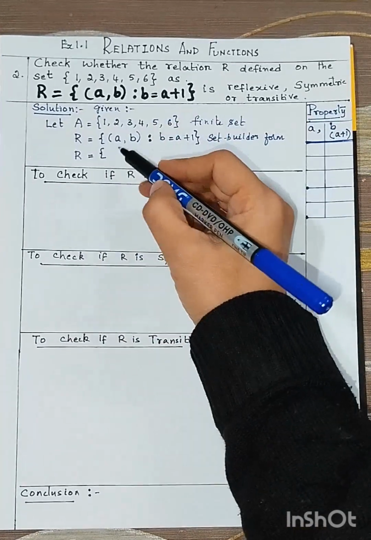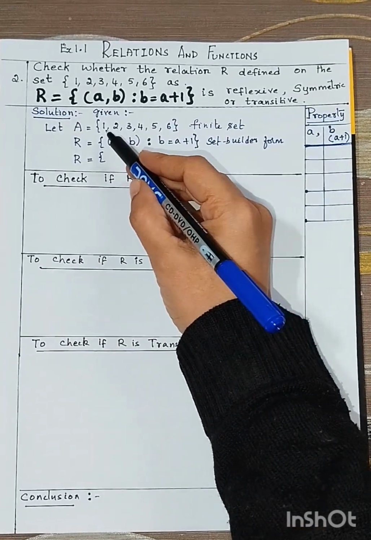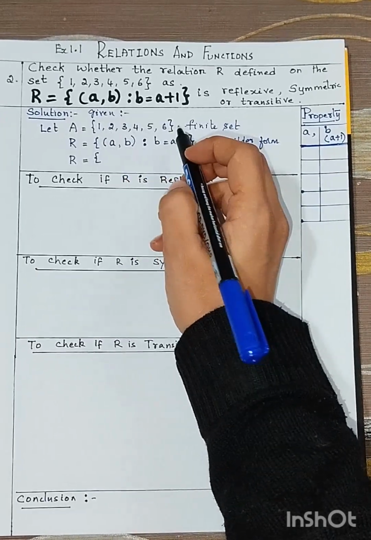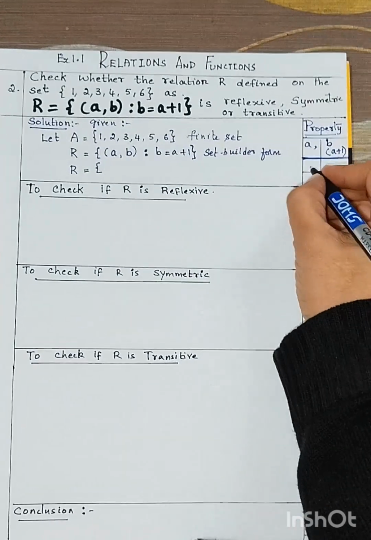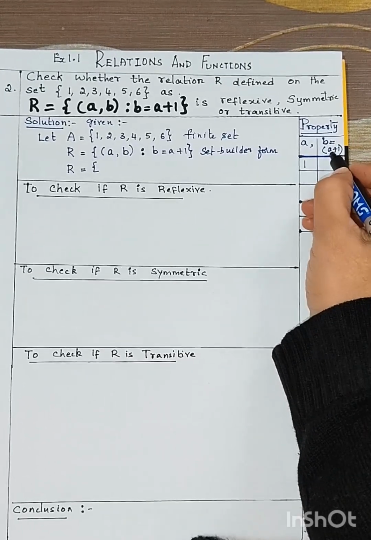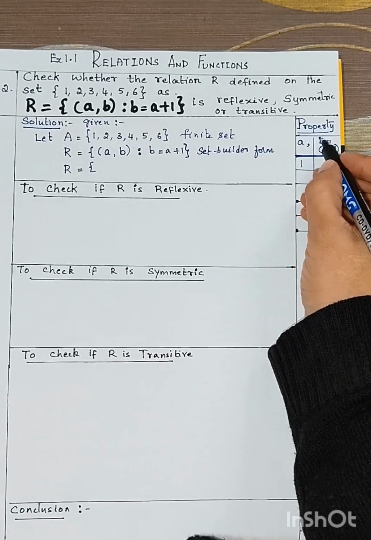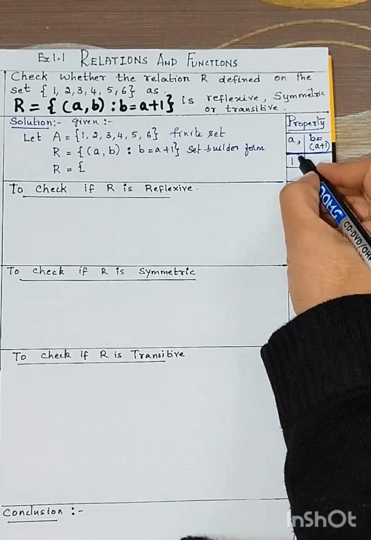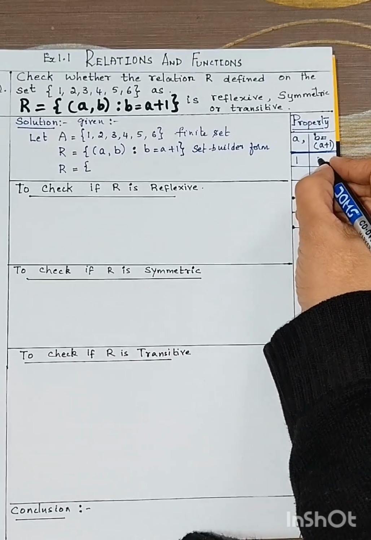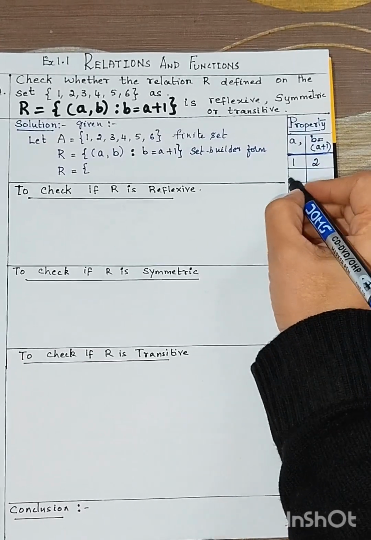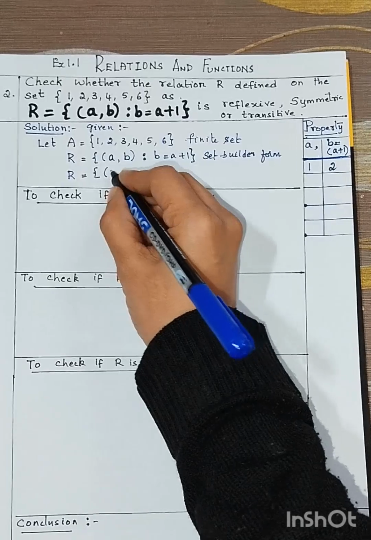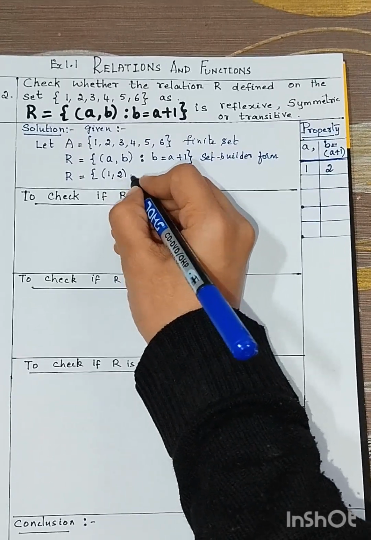Both a and b are elements of A. We cannot take any other element apart from 1 to 6. So first let us take the number 1, and we know that b is equal to a plus 1. The value of b will be 1 plus 1, that is 2. So we got one ordered pair, (1, 2).